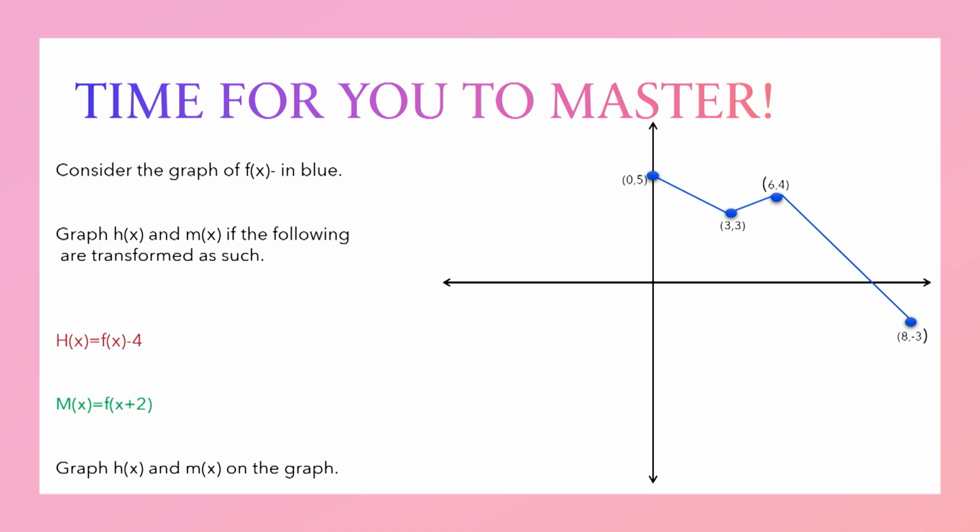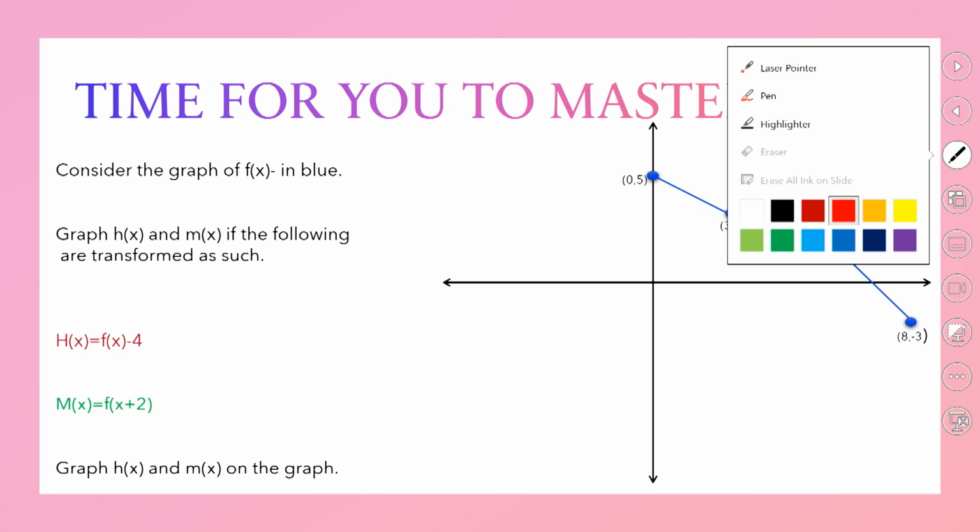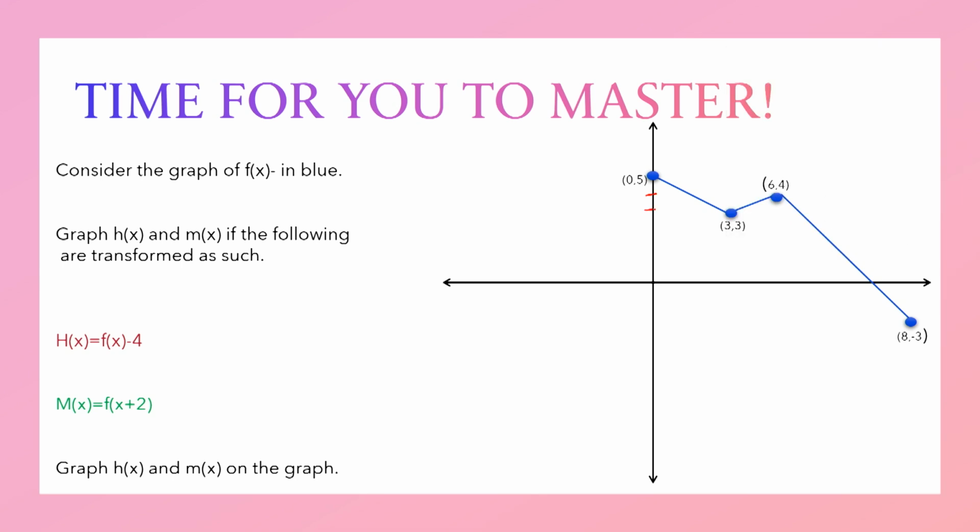All right, so let's see. I am subtracting 4 on the outside. When I subtract on the outside, that means I am going down. I'm going down 4 units, a vertical shift down of 4 units. So if I'm at 5, I'm going to need to go down 4: 1, 2, 3, 4, which is going to be at 0, 1.